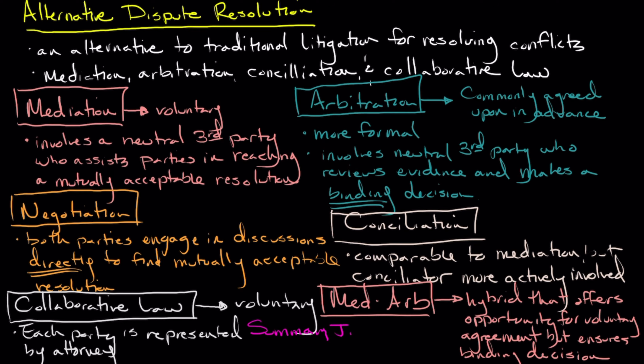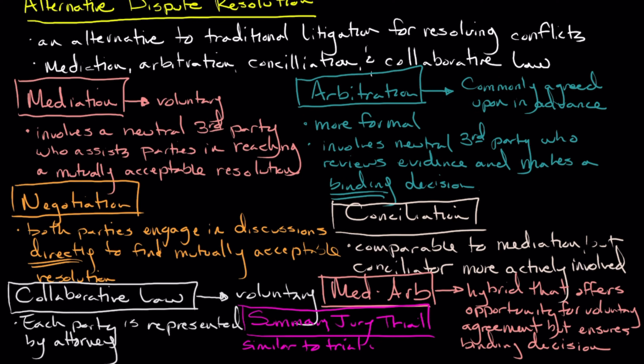Summary jury trials incorporate elements of a trial, allowing parties to present their cases before a panel of jurors whose decision serves almost as a basis for settlement negotiations, but it's important that this decision is non-binding. And so it really gives parties sort of a preview for what they would experience if the case was to go to trial, and it can help avoid a very lengthy and costly trial process.